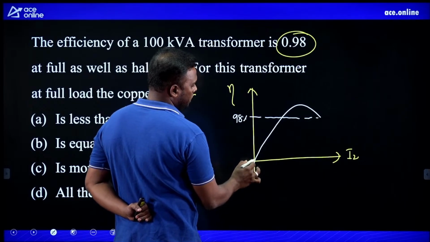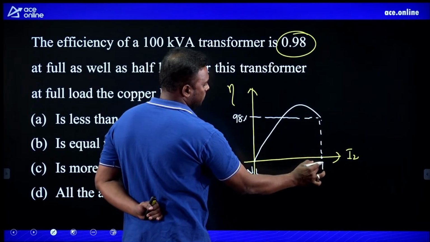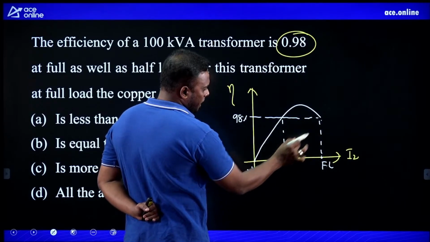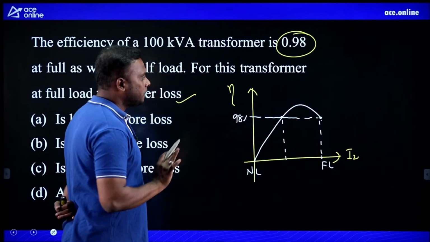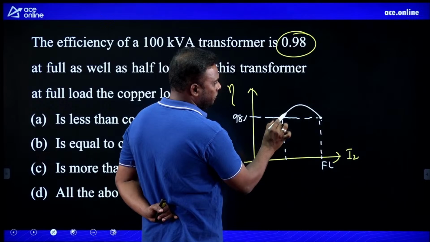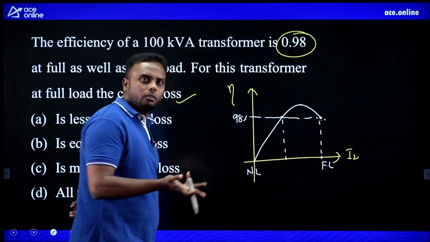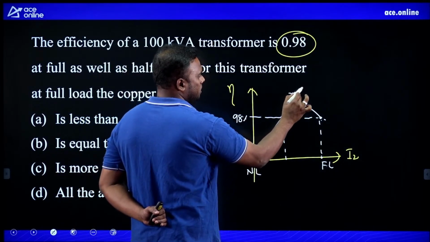Let this be the no load point, zero current, and this be the rated current, or full load current. At half full load and also at full load, the efficiency is 98%. That means maximum efficiency will come in between the two points, somewhere around 70% or 75% or 80%. This is the maximum efficiency.